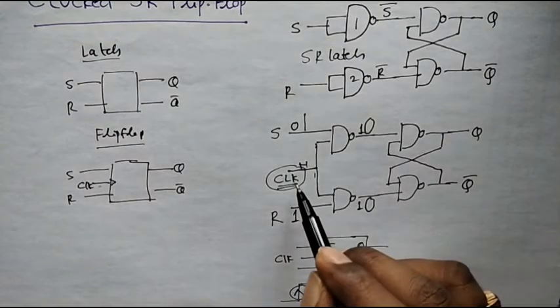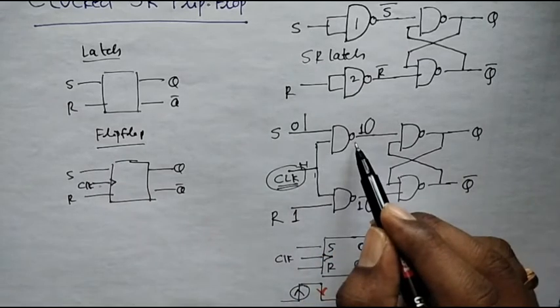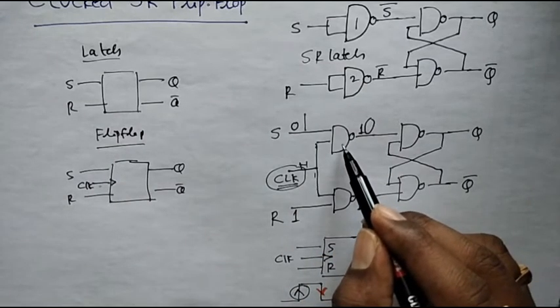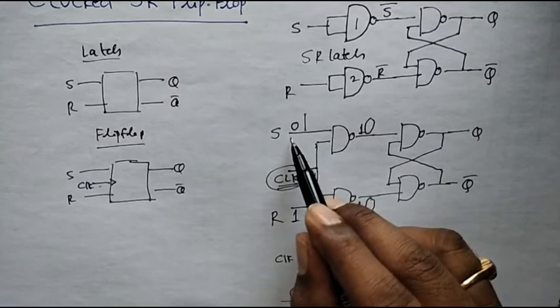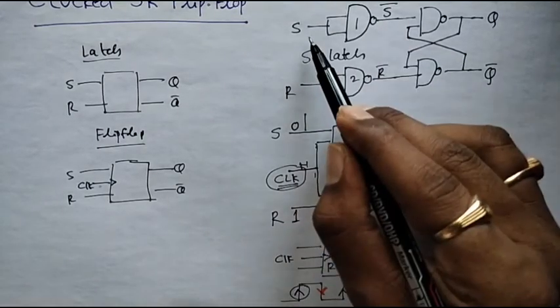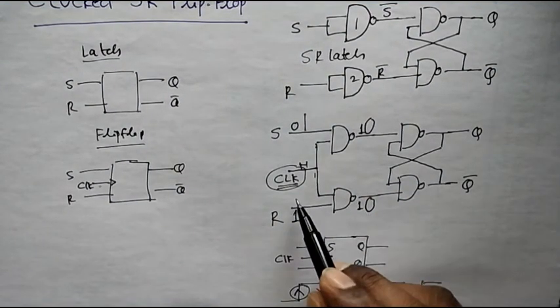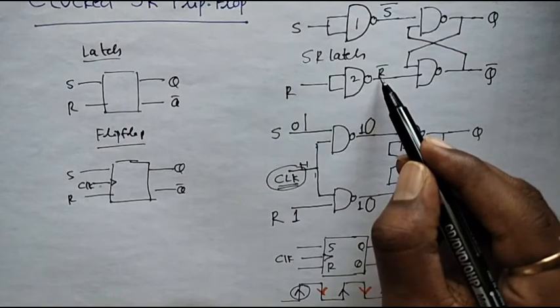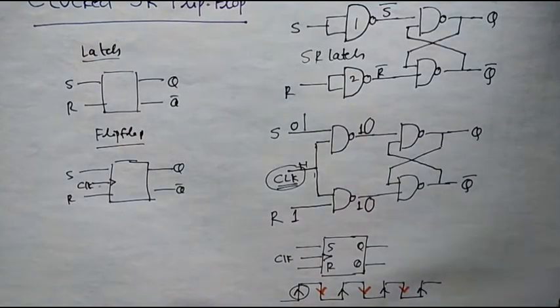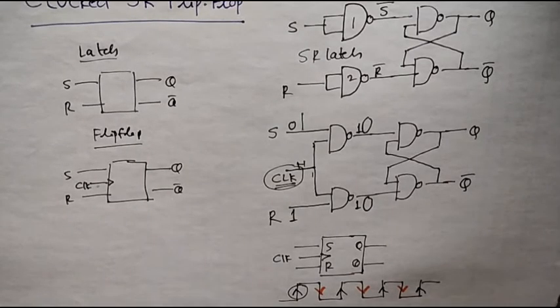So now we can observe that when clock signal is 1, the output of the first NAND gate is complement of the input, like S bar is complement of S. Similarly, for this NAND gate, the output is complement of input. Therefore, as long as the clock signal is high, the SR flip-flop functions like SR latch.